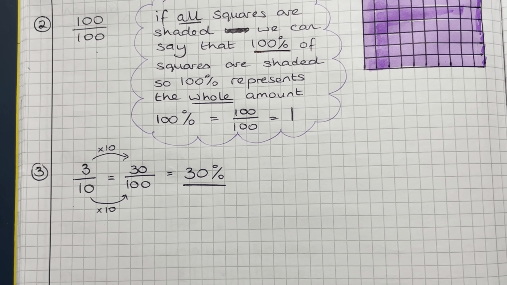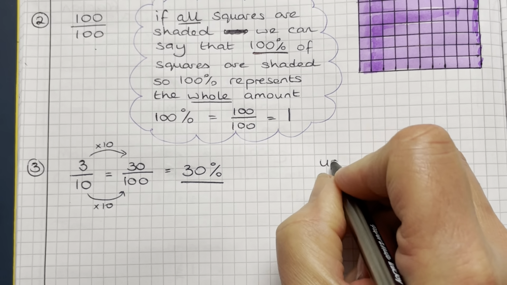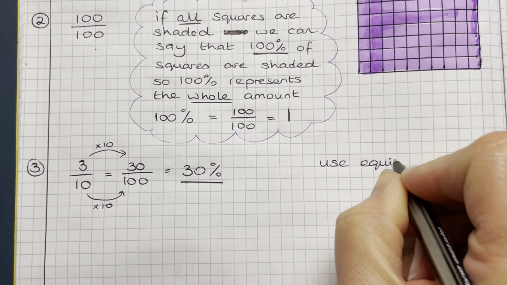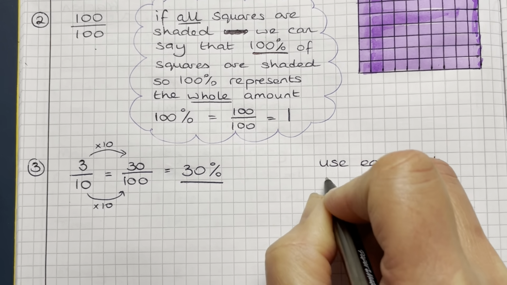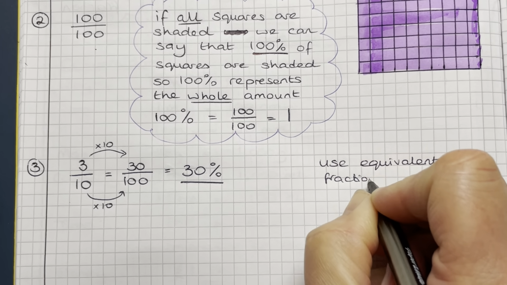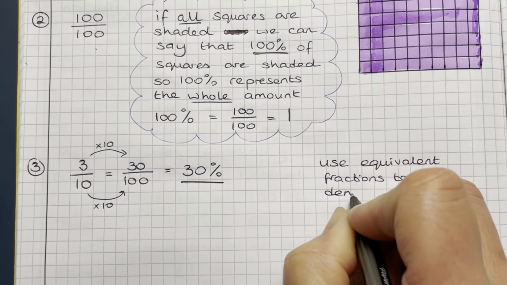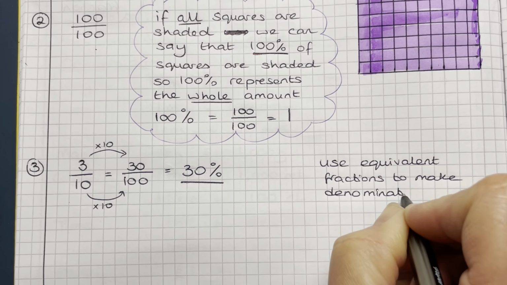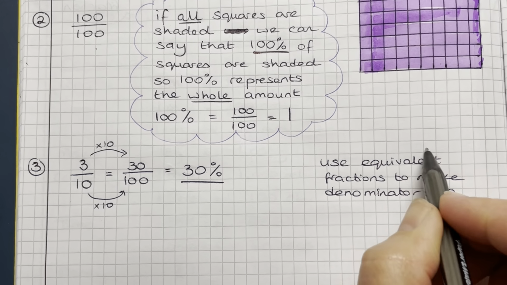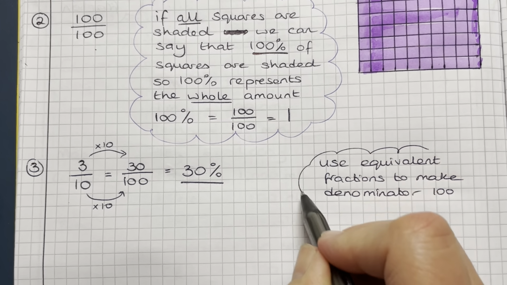Perfect. I've used equivalent fractions to make the denominator 100. We're going to come on to a second method a little bit later.